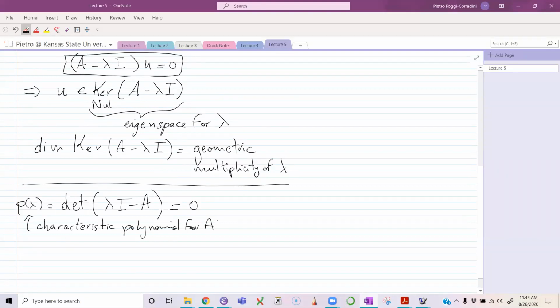So you write it down as a polynomial in lambda, you factor it, you find the roots, and those are your candidate eigenvalues.